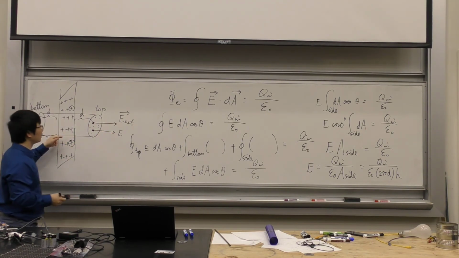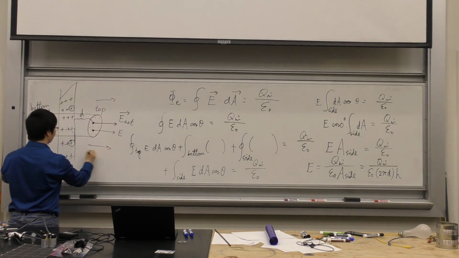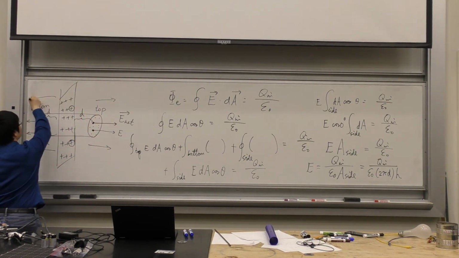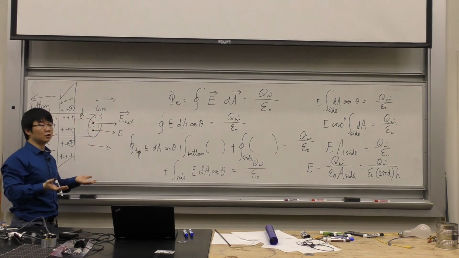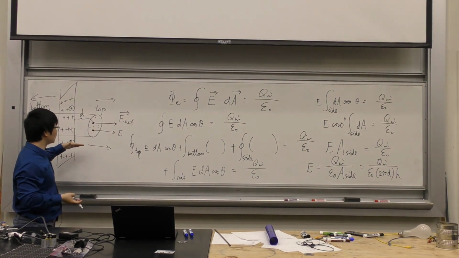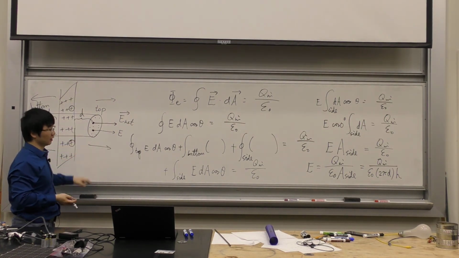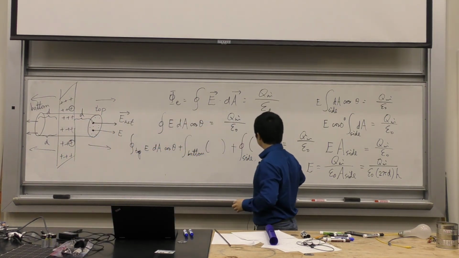But the curved side is going to have the electric field parallel to it, because the electric field is going to be all radially outward. So the curved side doesn't have any flux. No single line is going to pass through the curved side. So actually, I would get a 0 here.